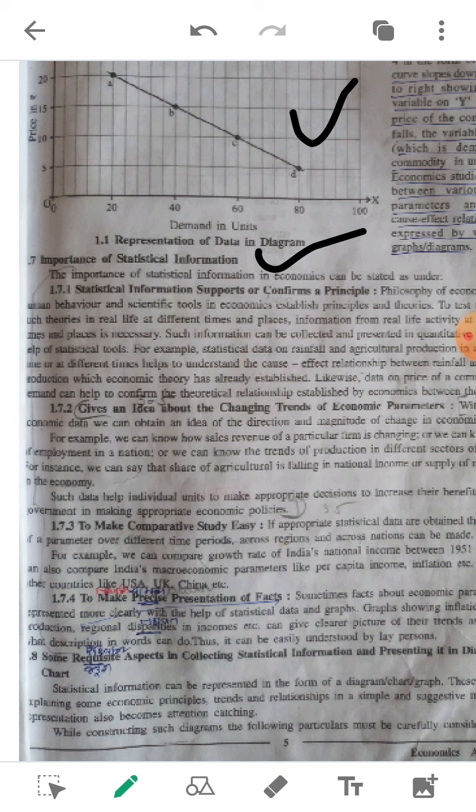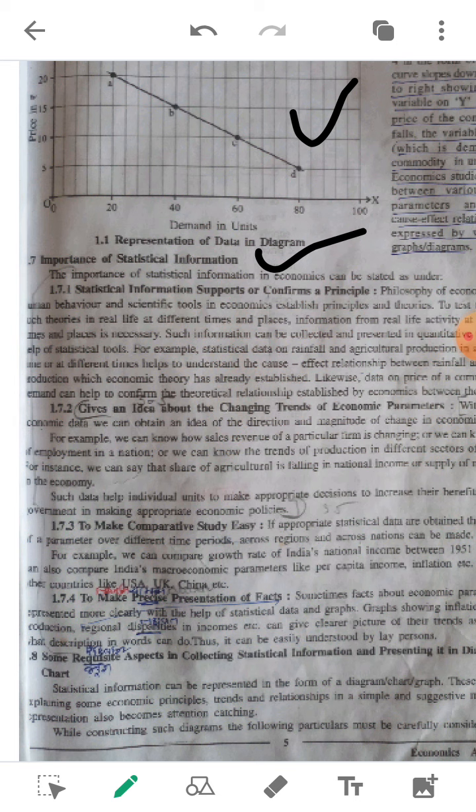For example, we can know how sales revenue of a particular firm is changing, or we can know the trend of employment in a nation, or the trends of production in different sectors of an economy, etc. Such data helps individual units to make appropriate decisions to increase their benefits and helps the government in making appropriate economic policies.